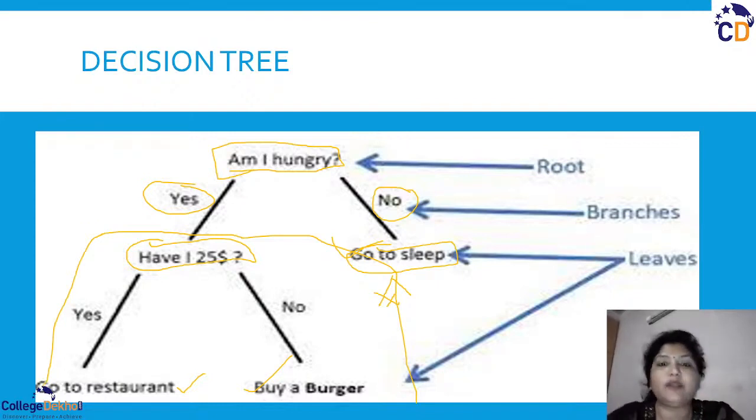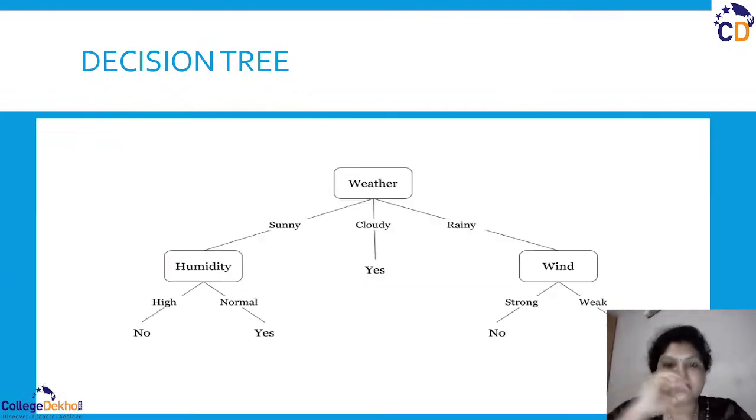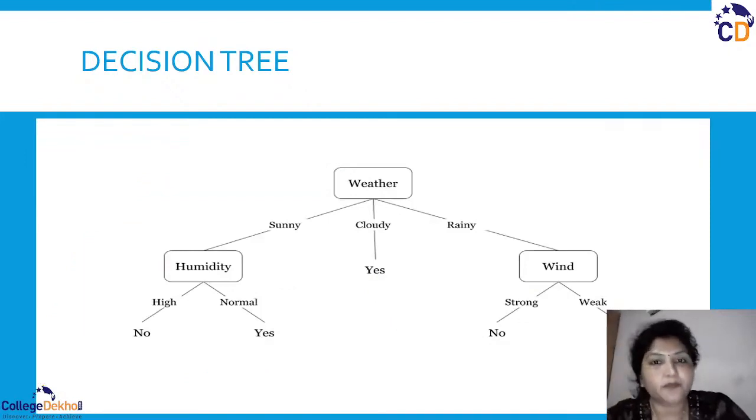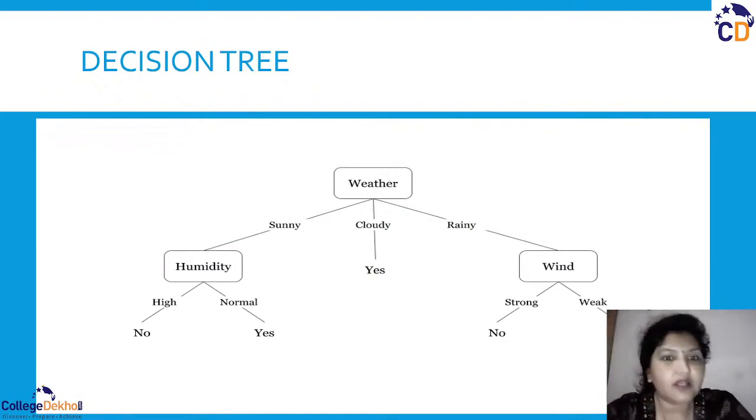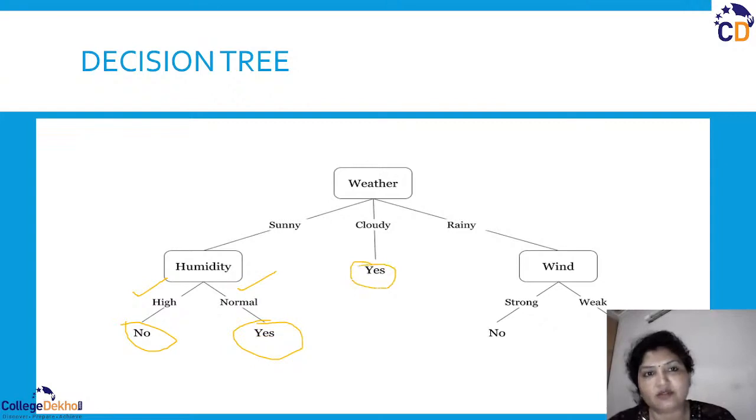So this is how we prepare decision trees based on some decisions. Let's take another decision tree: weather. Weather could be sunny, cloudy, or rainy. If it is sunny, you look at humidity, and if the humidity is high, you are not going outside. If it is normal, you are going outside. If it is cloudy, you may go outside, as the weather is good.